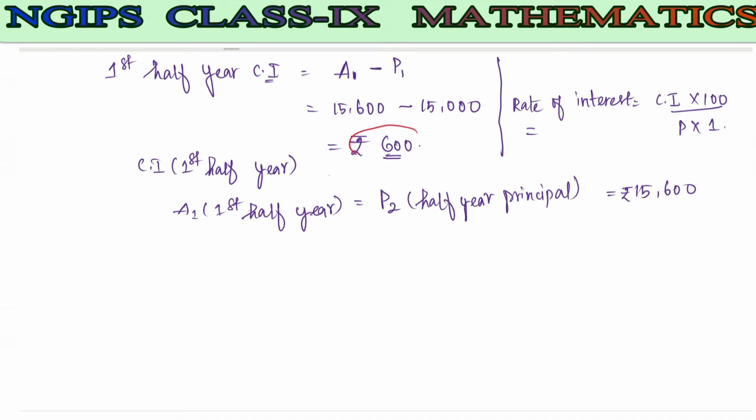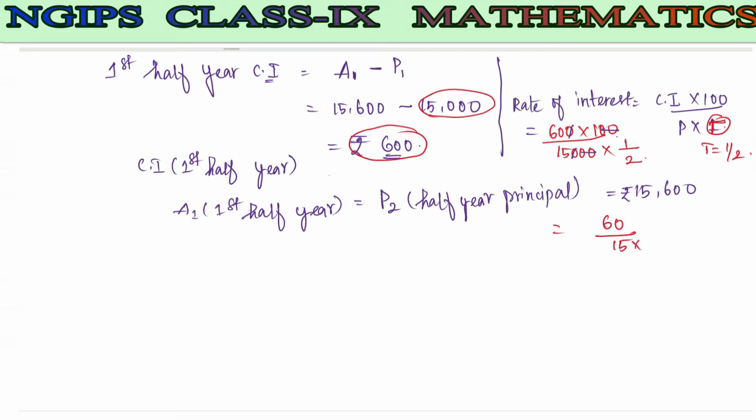So 600 into 100 divided by principal, which is 15,000. The time period is calculated for half year, so I am going to put one half. If you simplify, 2 zeros get cancelled, 100 gets cancelled. We have 60 divided by 15 into 1 by 2.